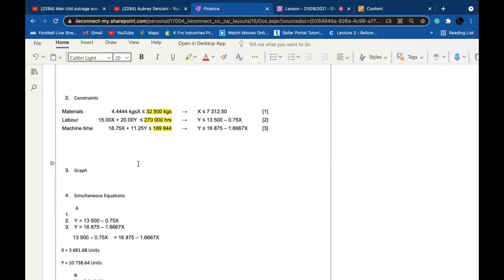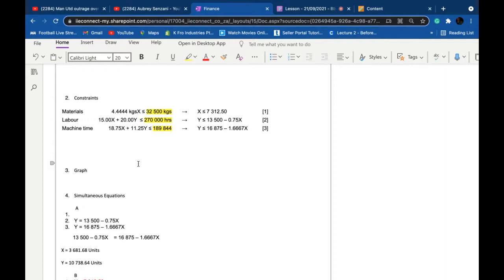That's how much we need. We know we only have 270 hours of labor, but for 1 unit of Y we need 20, and for 1 unit of X we need 15. Then we create the equation. So we're doing steps 2 and 3 together. So these are the equations.